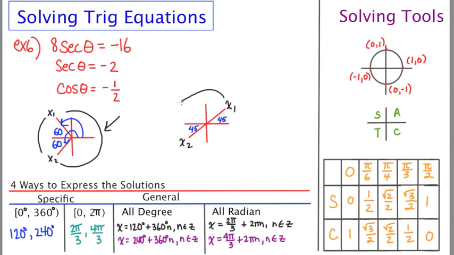The distance to go from here to here is the same as the distance to go back to here. So you wouldn't say 45 plus 360n and then 225 plus 360n. We could say 45 plus 180n, adding another 180 to get this, and another 180 to get this. So if ever your answers are equally spaced, you can express the answer with one expression. But in this case, because they're not equally spaced, we need two expressions.